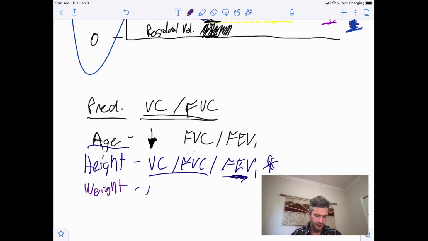Again, we don't specifically look at them, but if you see the values FRC or expiratory reserve volume, those will tend to decrease as weight goes up. Okay, and the reason for that is just compression and pressure on the lungs keeps the lung volume at a smaller size.